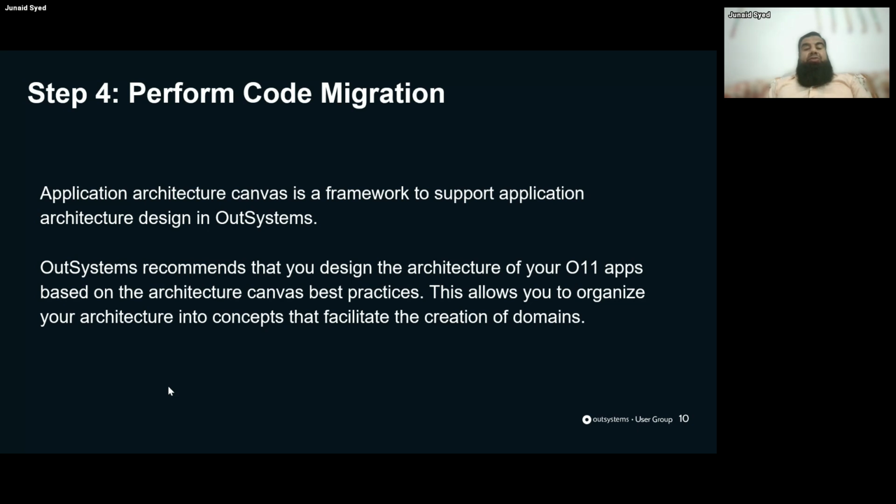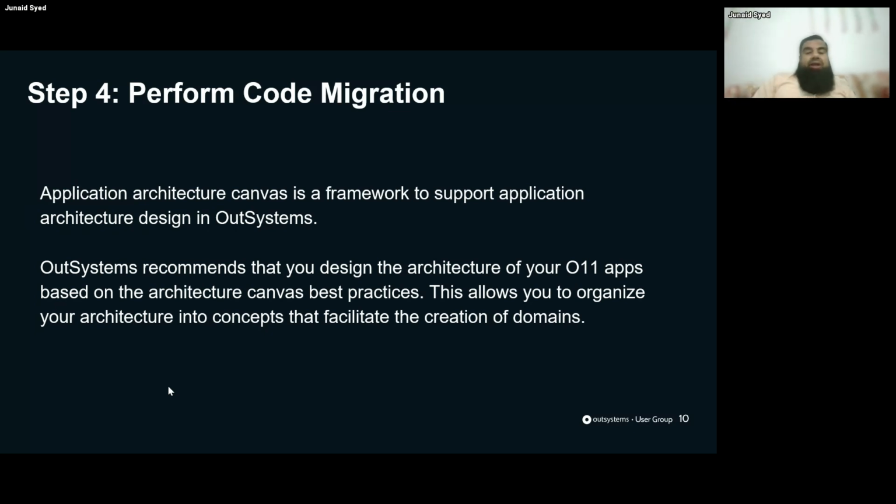Now, this is one of the crucial aspects of performing the code migration: alignment with the architecture canvas. You might be aware of those layers, right? We have these three layers in the architecture canvas. We have the concept of domains as well. So our architecture must align to all those architecture canvas concepts and the domain concepts.